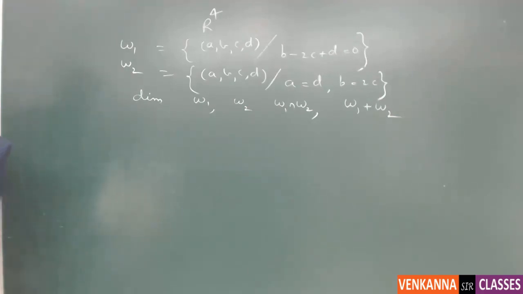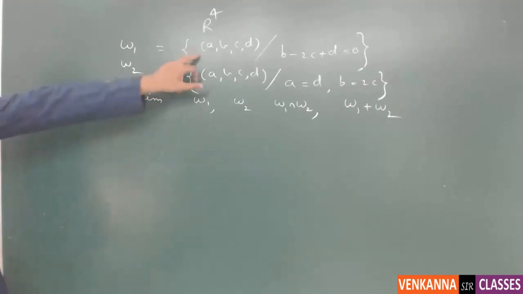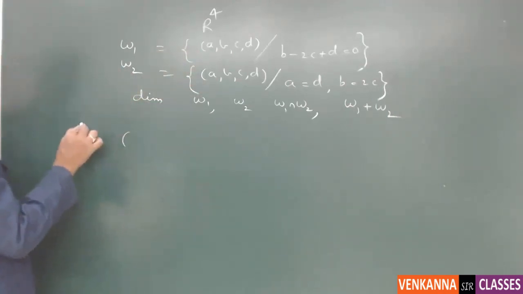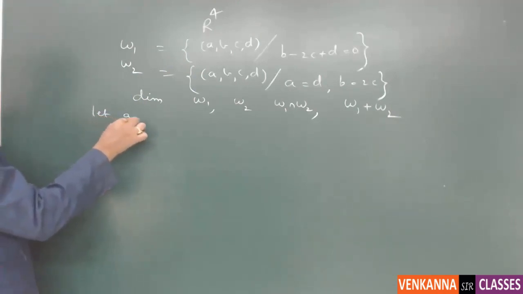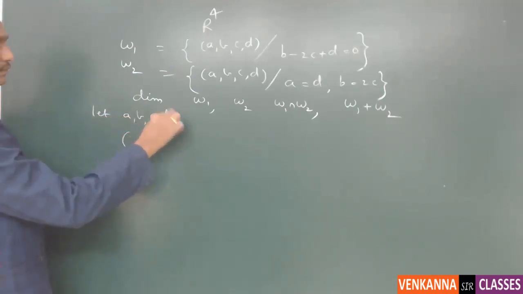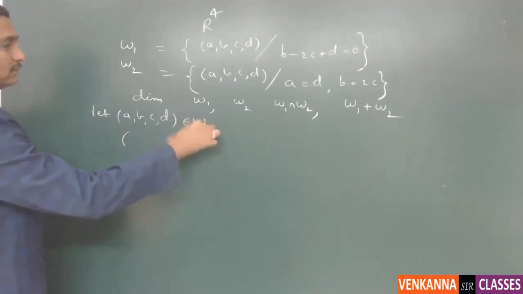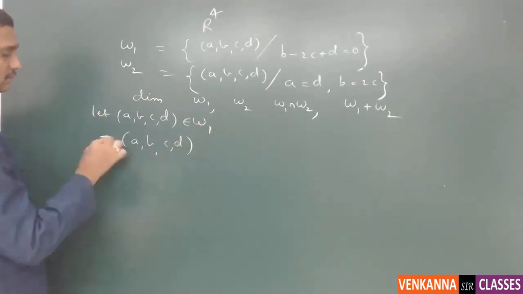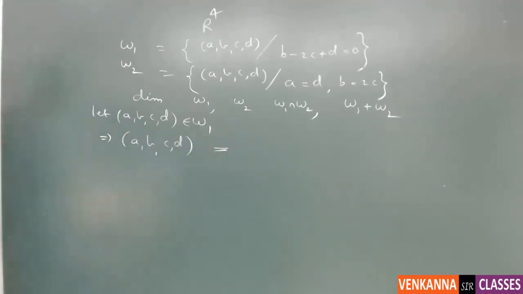Fine. So first of all, let us find the dimension of W1 first. If you consider A, B, C, D, what is the property satisfied by the coordinates in W1?